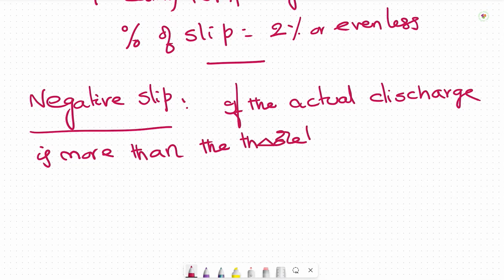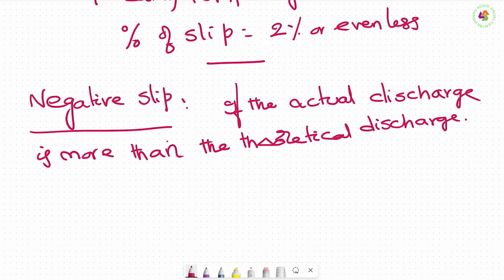What we talked about till now is that actual discharge will always be less than theoretical discharge. That is the conclusion. But there are certain conditions under which the actual discharge is more than theoretical discharge in reciprocating pumps. Otherwise, in most cases in a reciprocating pump, actual discharge is always less.